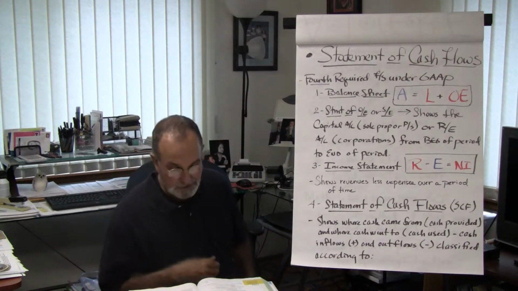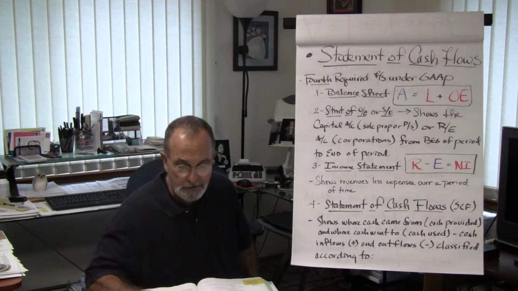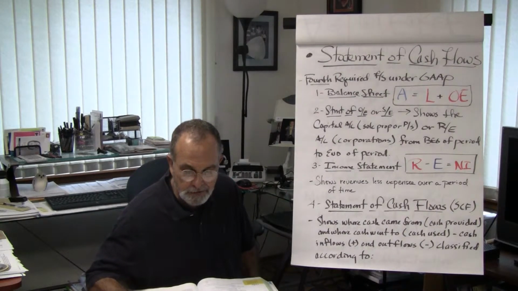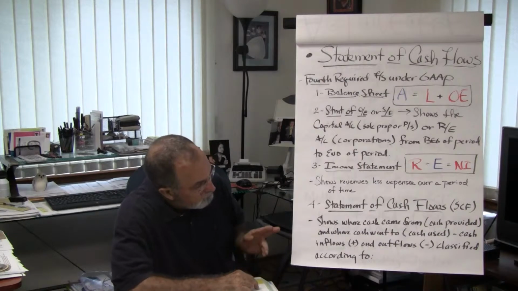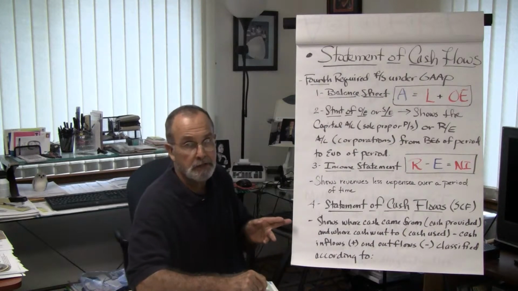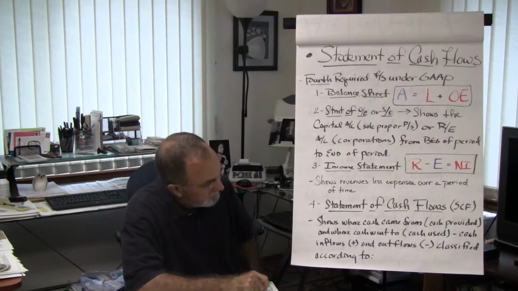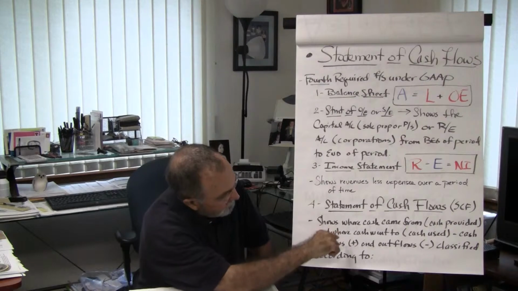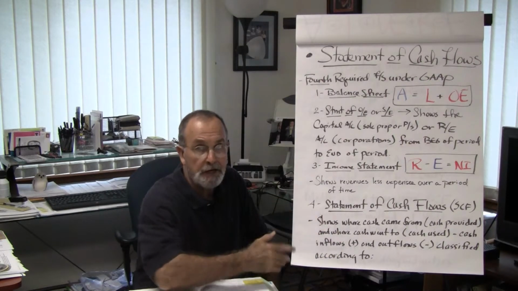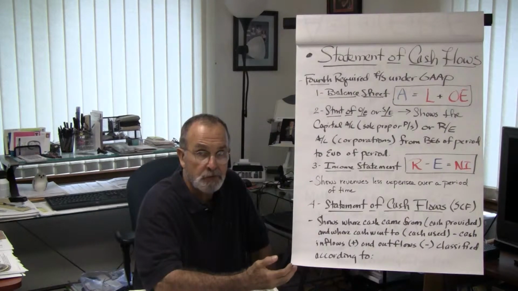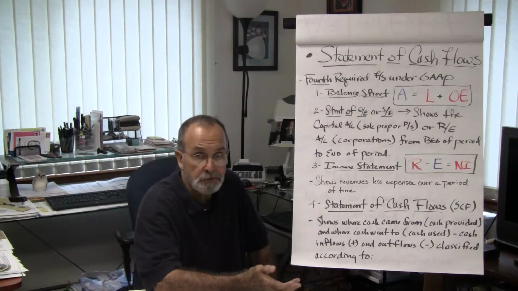The statement of cash flows, as the title suggests, shows us where cash came from, and on the statement we usually call that cash provided. It also shows us where cash went to, which on the statement is referred to as cash used.